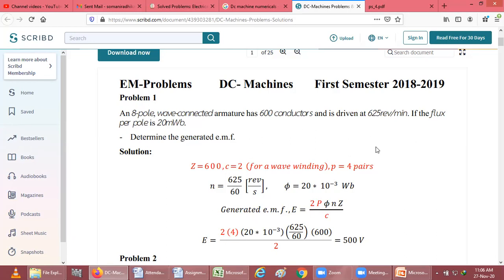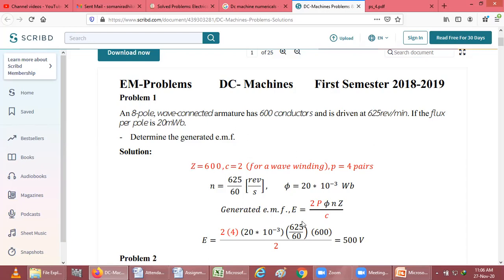If you are taking the number of poles without considering the winding, at that time you can take 4 pairs, because here we are supposed to take a wave winding where Z equals 600.